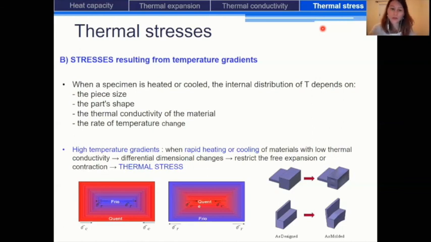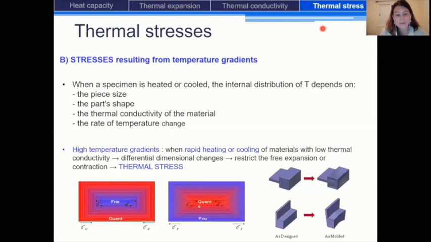So here it is represented. On the left part of this figure, we have a quick heating of the pieces. As I explained, the external part is hot, whereas the internal part at the beginning is still cold. And so we have the expansion of the part on the surface, which is limited by the cold internal volume.